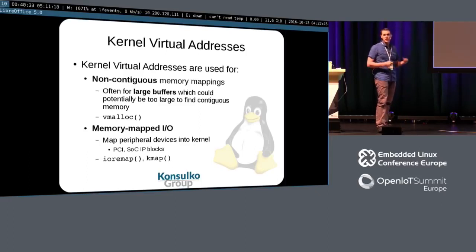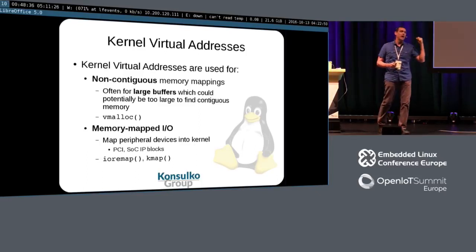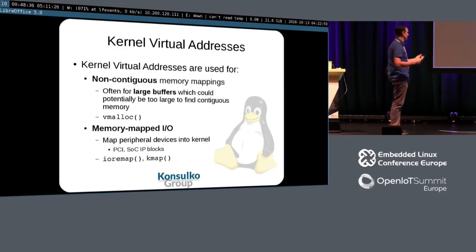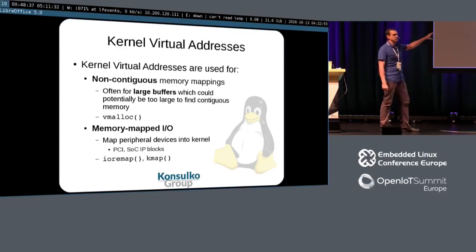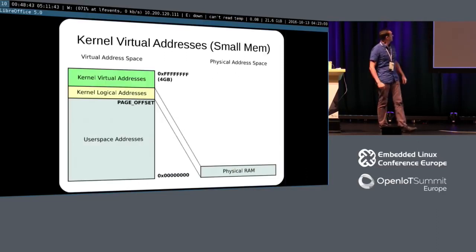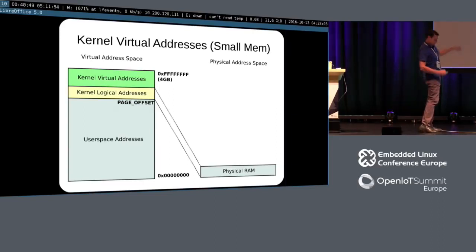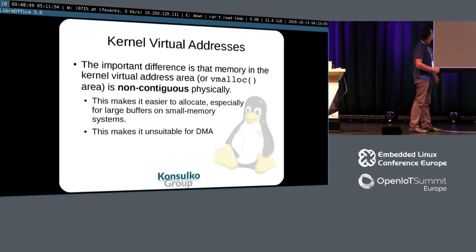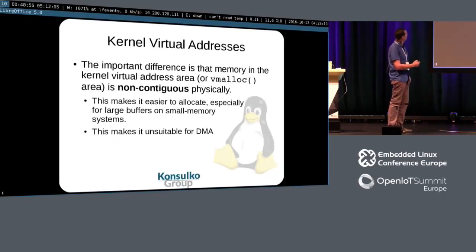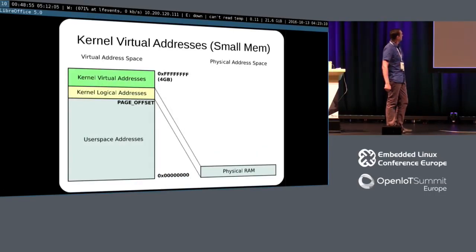The other piece is memory mapped I/O. You're using ioremap and friends. We'll get into that. That also ends up in that space. So, quick look at that. We've got logical addresses, physical RAM, and that's what that looks like, and then you've got your virtual address space up there.